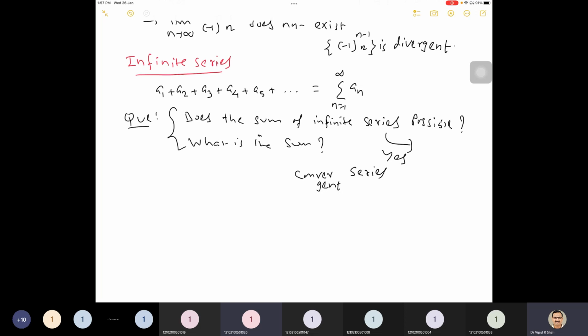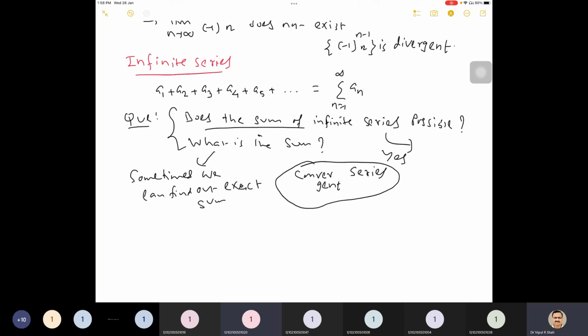Okay, if the sum is possible, we are not saying right now what the sum is. So there are two questions. One is, is the sum possible? If the answer is yes, that series is known as a convergent series. And sometimes we can find out even its exact sum also.